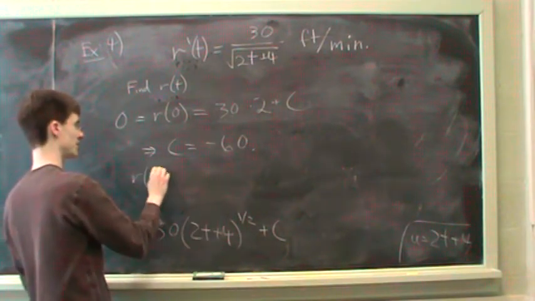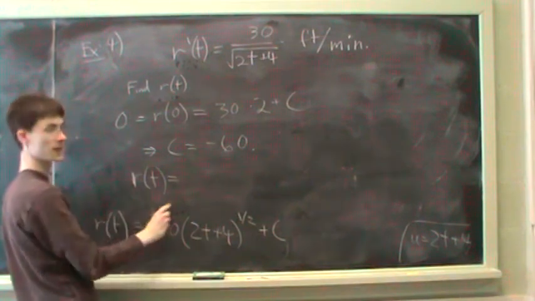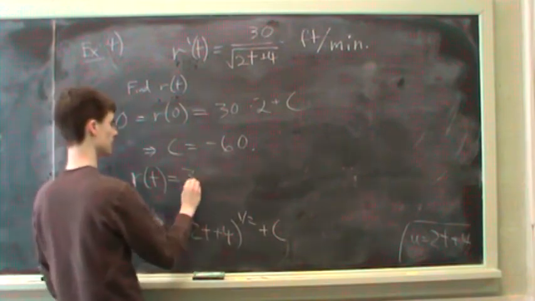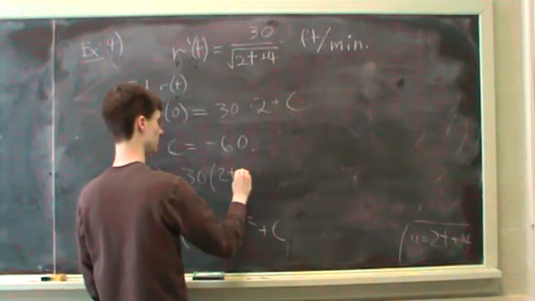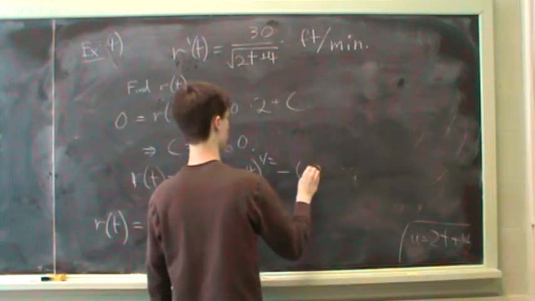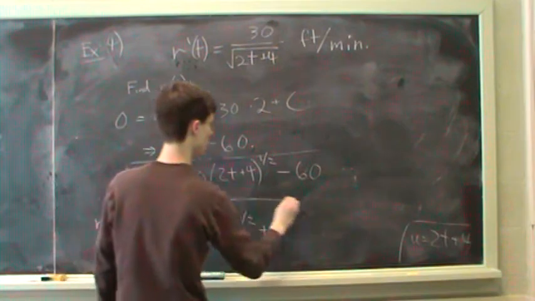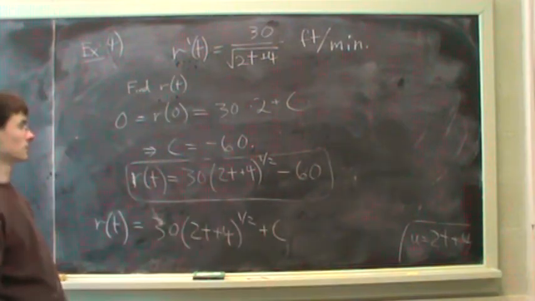And therefore, the particular antiderivative we want, which will describe the radius at time t, is going to be 30 times 2t plus 4 to the 1/2 minus 60. And that's the answer to this problem.